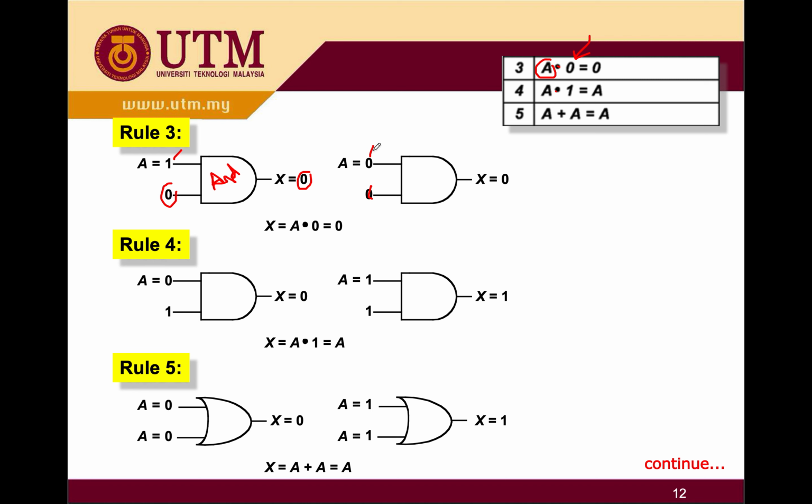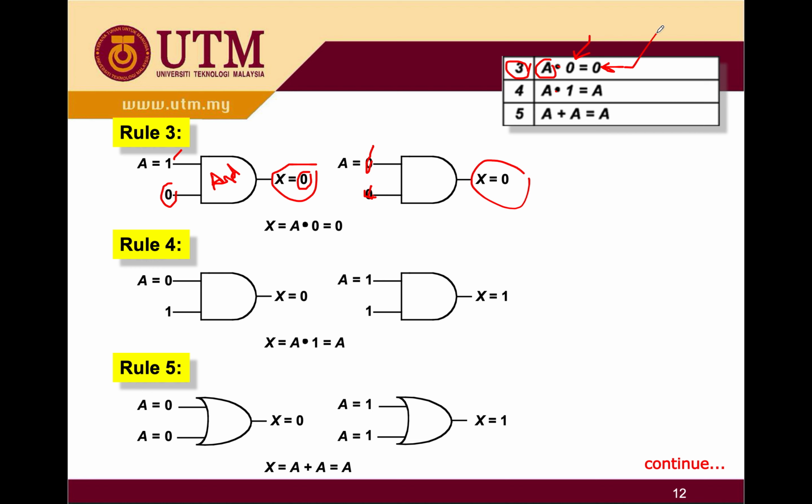And then you have over here 1, and this is still 0. You multiply with 0, you will also get 0. That's why you can conclude both inputs for A will have the output 0. That's why A dot 0 gives you 0. That's rule number 3. So you already proved it correct.